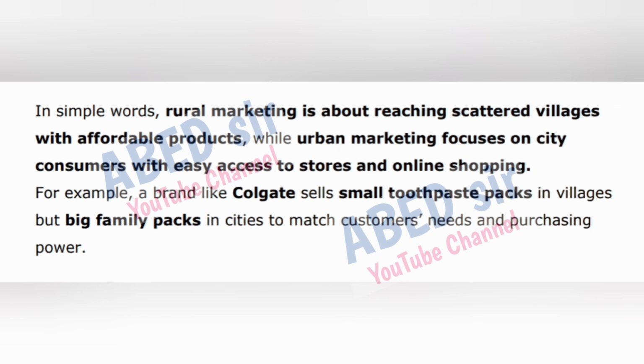In simple words, rural marketing is about reaching scattered villages with affordable products, while urban marketing focuses on city consumers with easy access to stores and online shopping. For example, a brand like Colgate sells small toothpaste packs in villages but big family packs in cities to match customers' needs and purchasing power.